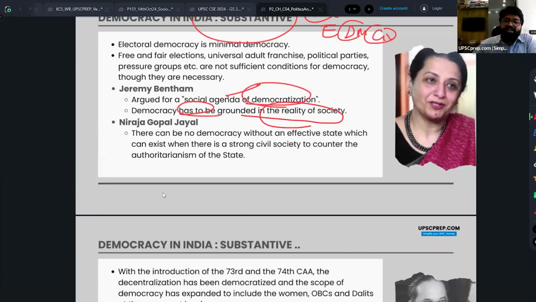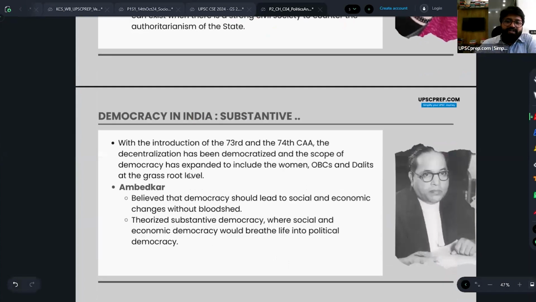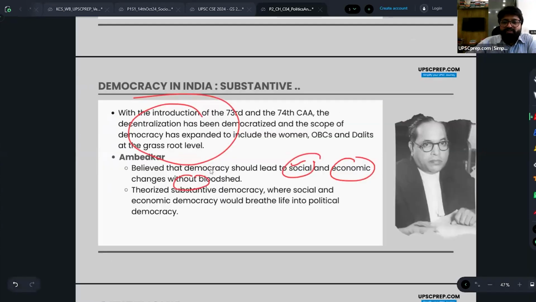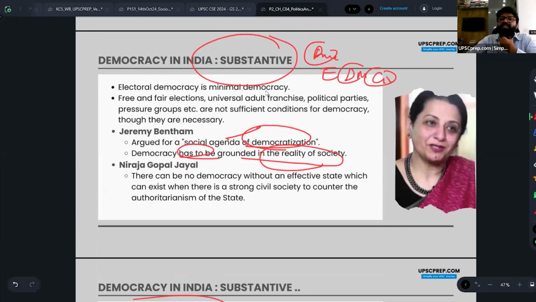democracy is a grounded reality of society. What Ambedkar is trying to say is that it is not merely political democracy that we're talking about. We are looking at social and economic changes too. So you could have borrowed some points from here.